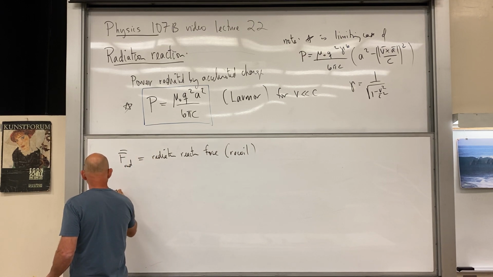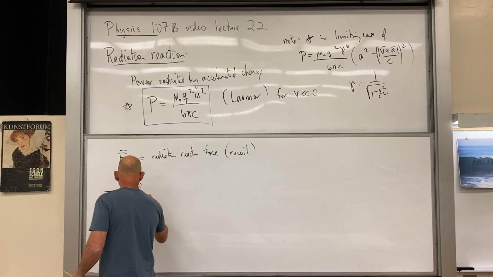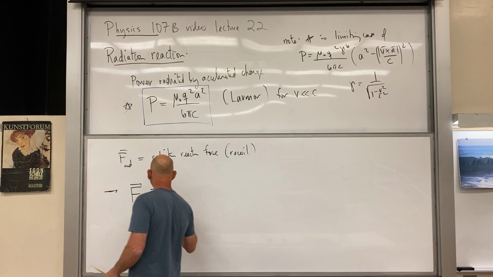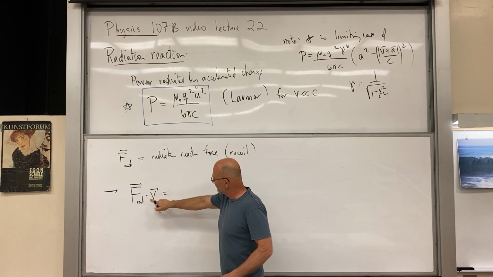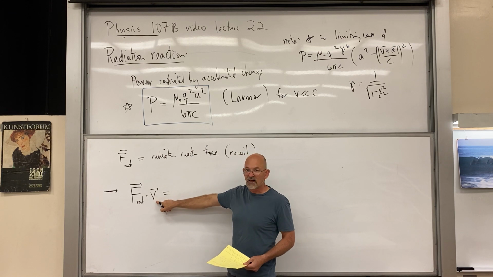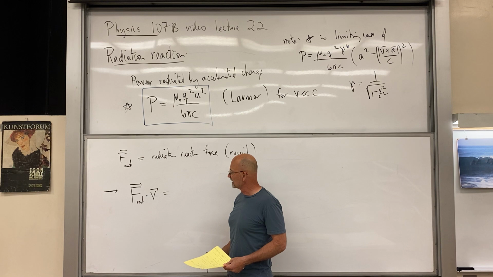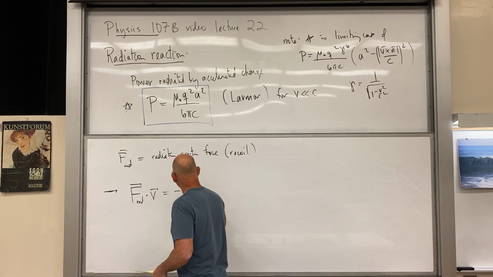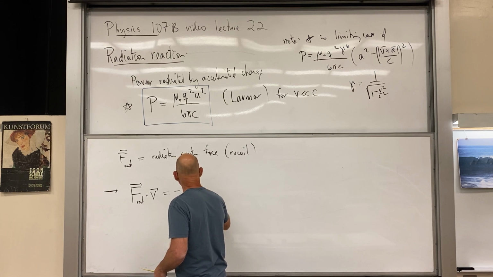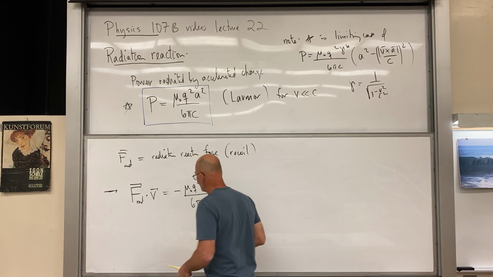And then what we're going to have is this dotted into the velocity is equal to, right, this is going to be a scalar, and that's power, right? Force dotted into velocity, force times dx over dt, work per time, so power. It's going to be the negative of this, simply because it has to oppose the direction of motion.